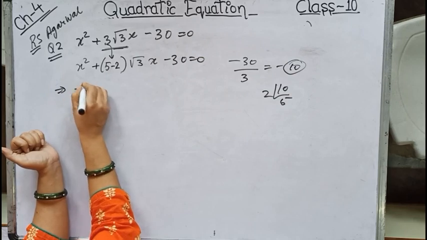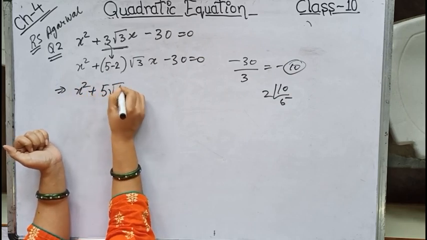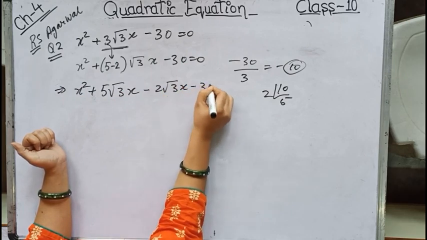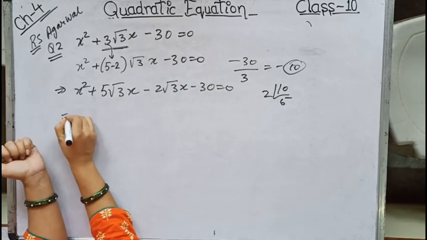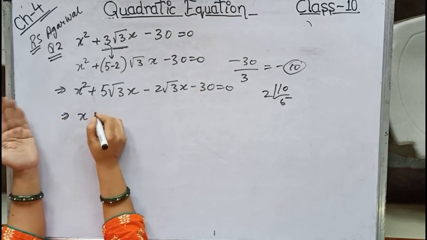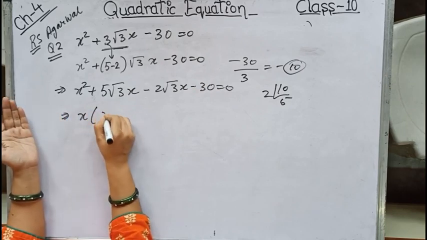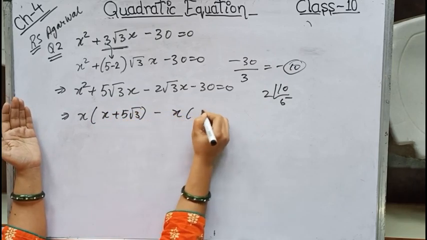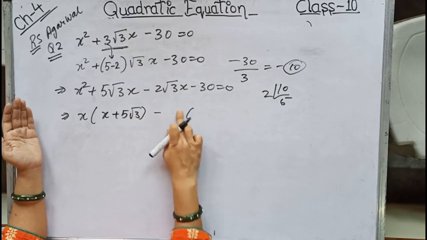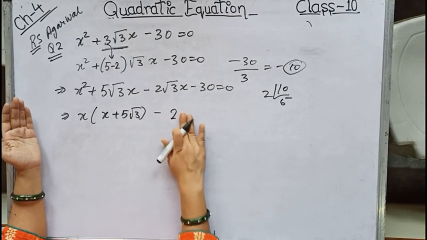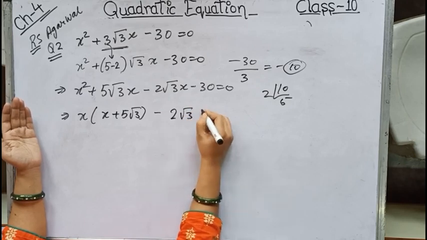Now this implies x square plus 5 root 3 x minus 2 root 3 x minus 30 equals 0. This implies, x and common nothing else we are getting, so over here x plus 5 root 3, minus 2, and root 3 also is common.